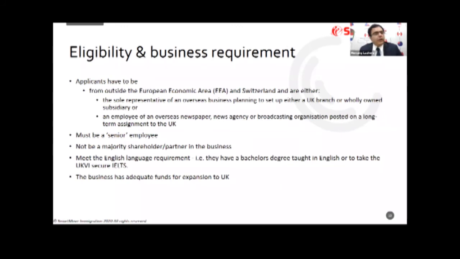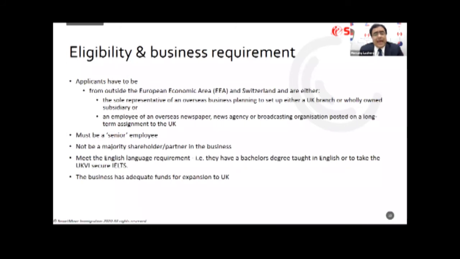But if you say that I only want to set up a small, one-person operation at the moment and then see how it goes, so we don't really need that much money, then the Home Office will take that into its decision making. So the interesting part about adequate funds is we can tailor make this to a company's requirement.